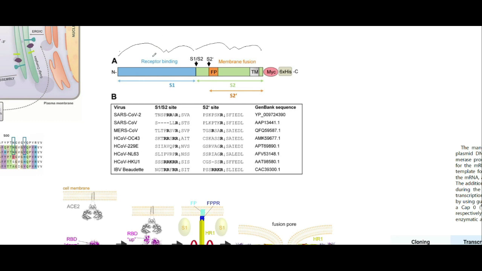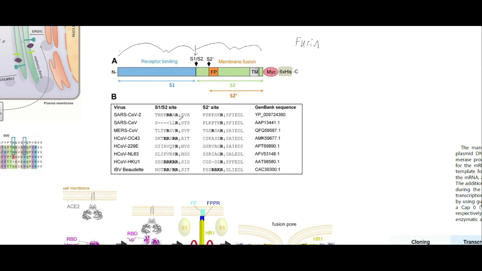So there's the receptor binding and the membrane fusion sections, and these sections of the protein are actually split by a human protease called furin. And so this furin cleavage site here at the S1, S2 cleavage site, we can see the sequence here of that furin cleavage site.